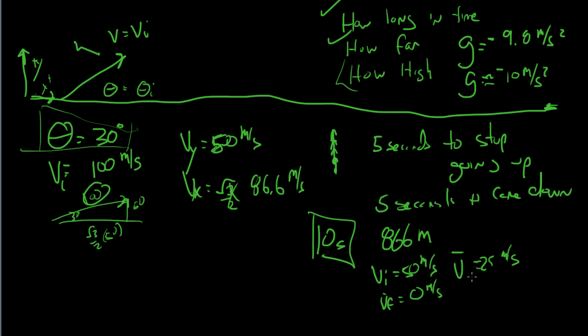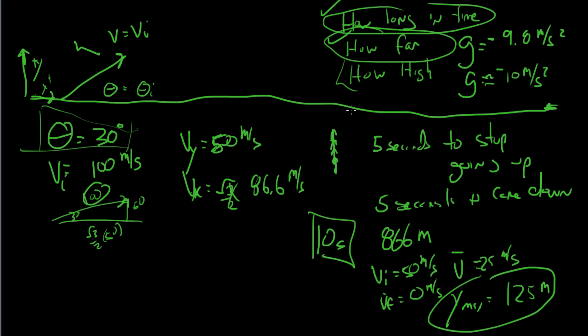If you think about that, its average was 25, and so the height, y max, is equal to 125 meters. And so we have the how high, the how long in time, and the how far. And in this particular problem, as long as you keep this to be 30 degrees, because the sine, or the opposite over the hypotenuse, of 30 degrees is 1/2, as long as you've fixed it to 30 degrees, this is something that can be done mental math-wise.